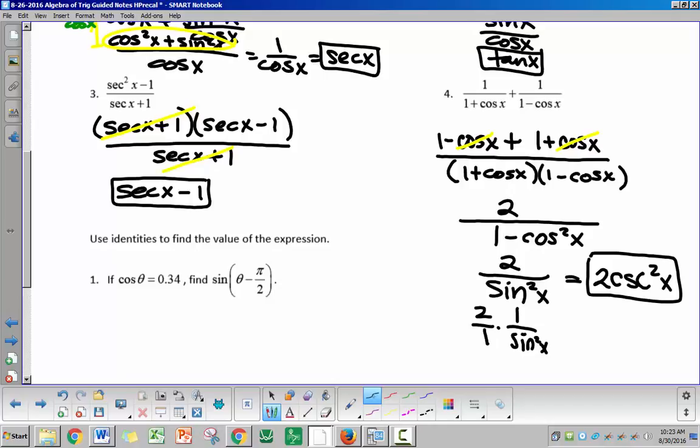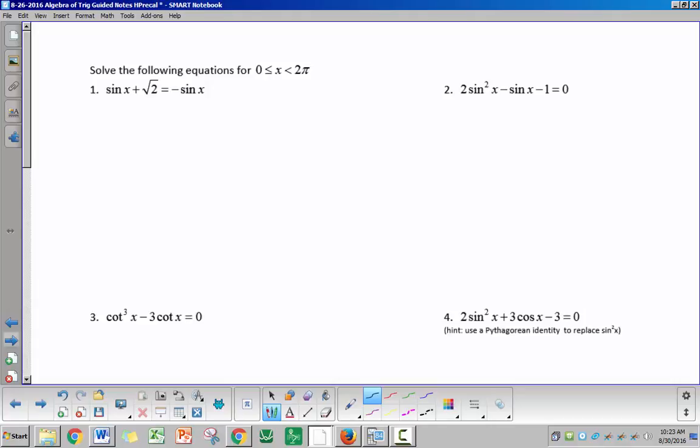So, the last thing I want to do is some more complex solving equations. Alright? So I'm on the back now. And we're going to solve the following equations between 0 and 2 pi, which means our brain is in what mode?